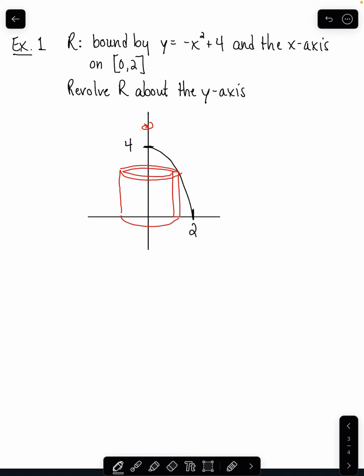The radius of the cylindrical shells will always be the x value of the right endpoint of the ith subinterval, and the height of the cylindrical shells will be the y value of the function at the right endpoint of the ith subinterval.